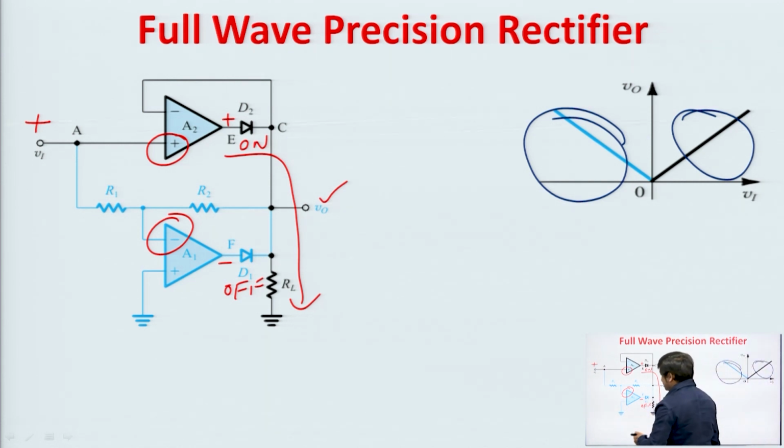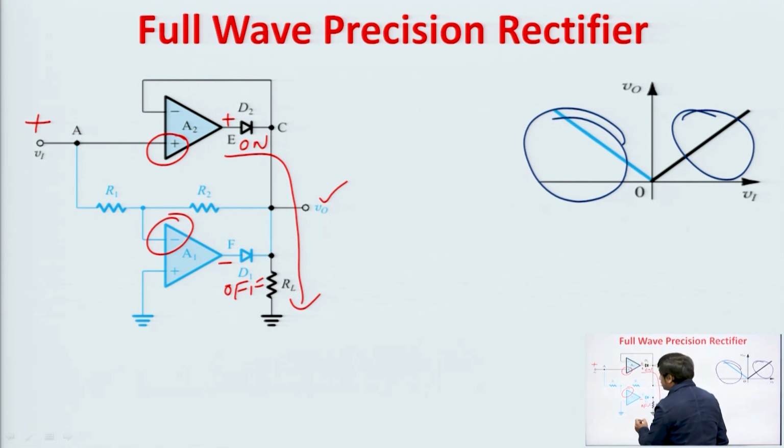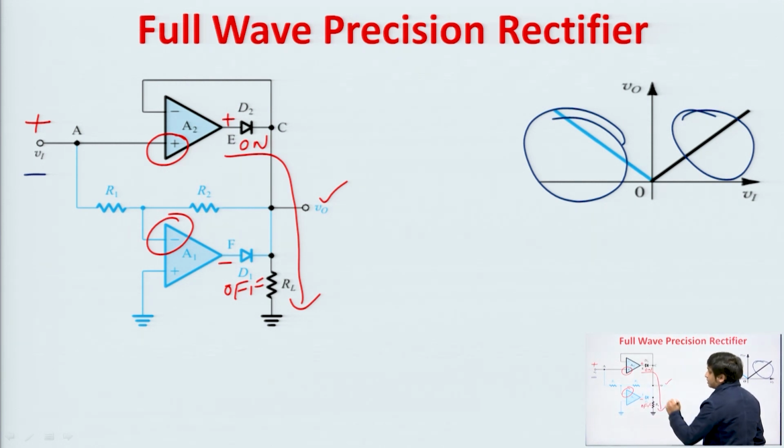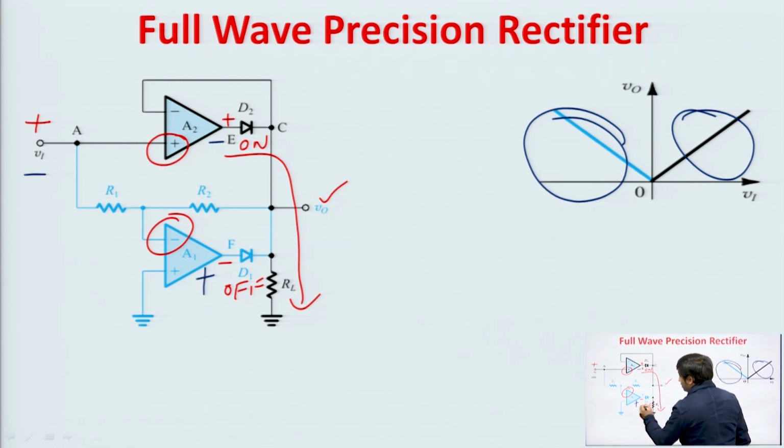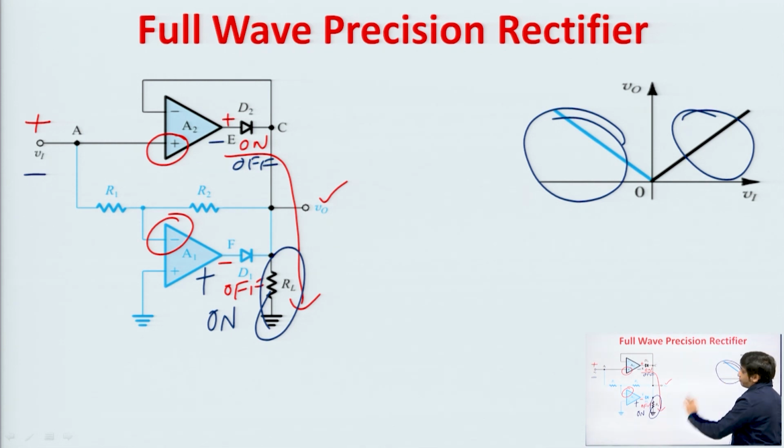Now, the second case, to understand the second case, just focus on the blue color. When Vi is negative, then what will happen? The output of the op amp A2 will be negative and the output of the op amp A1 will be positive. In this case D1 will be on and D2 will be off. Since D1 is on, so again the current will flow through this load resistance and we will get the output voltage.